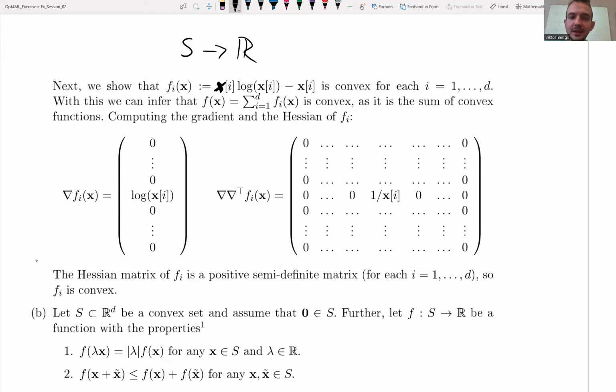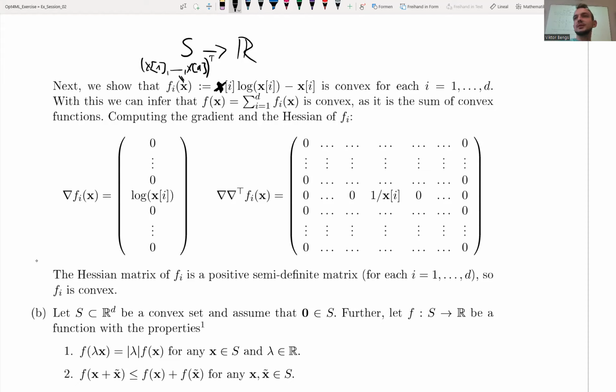Because fi of x is only depending in every term on the ith component of x. Please don't forget that this here is x1 up to xd.